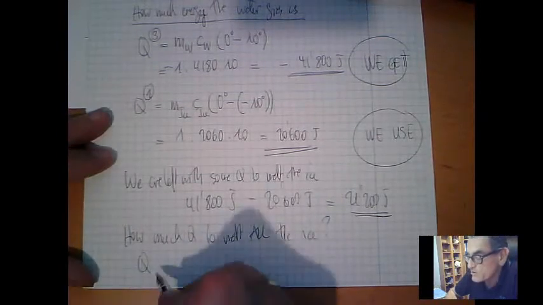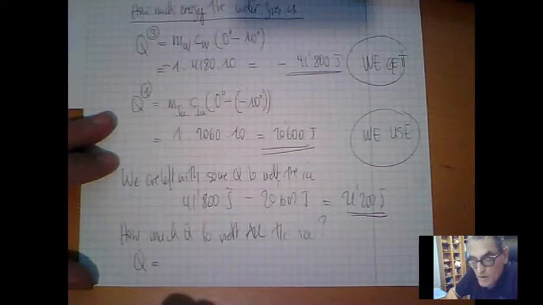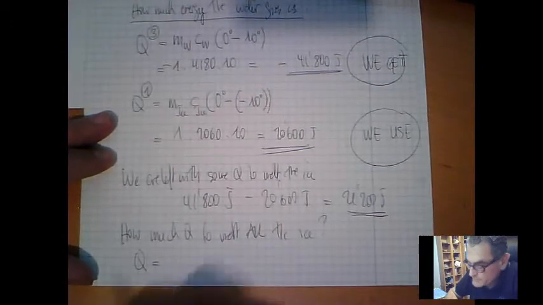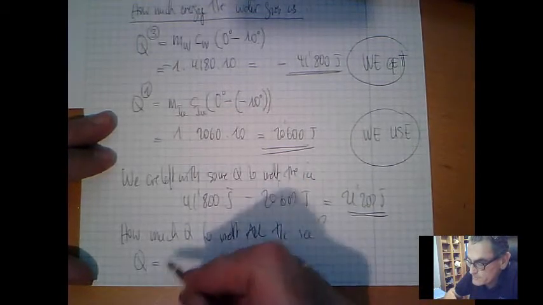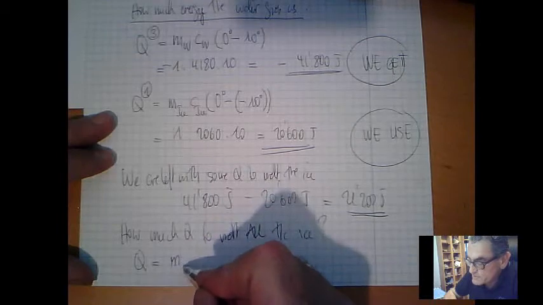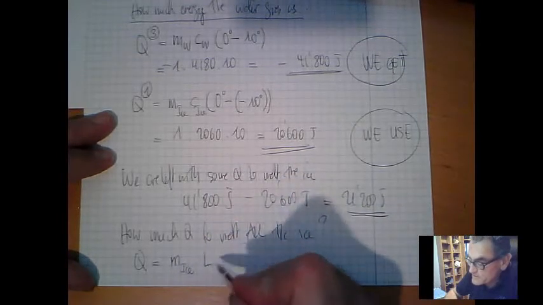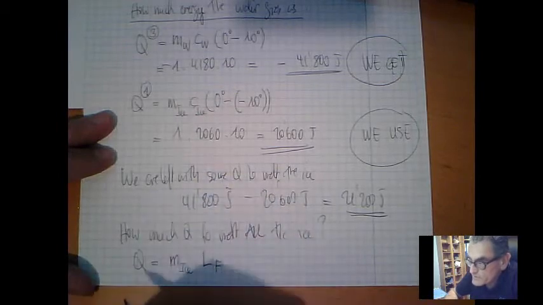The quantity of heat that you need to melt all the ice is given by what? Can you tell me, or you want me to tell you? So it's the mass of ice times the latent heat for fusion of the ice, of water.